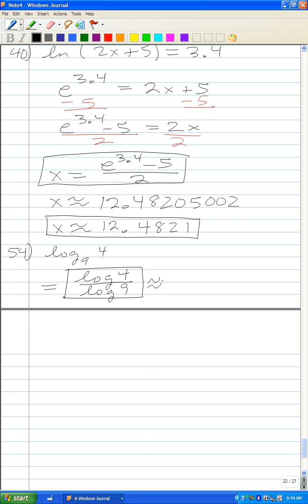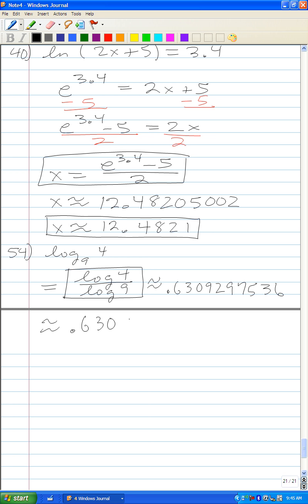The approximate answer is log 4 over log 9, which is 0.6309297536, etc. And we want this to 4 decimal places. 1, 2, 3.